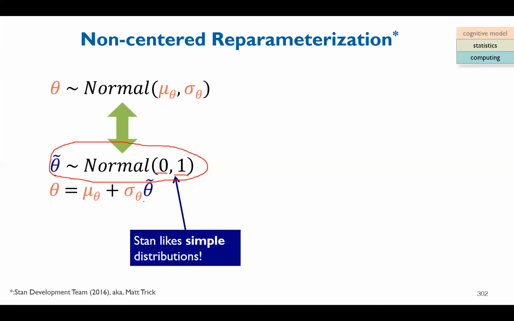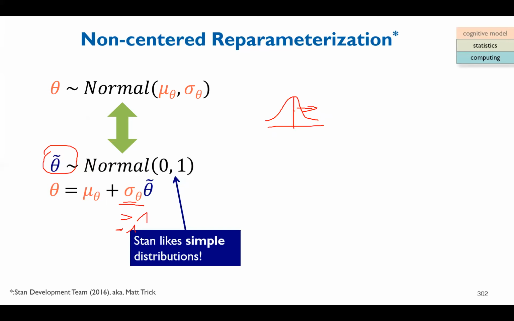No, not quite. So here, this blue one, the theta tilde, this is a unit normal, right? Unit normal like this. If this sigma is above 1, the shape will become wider. If the sigma is smaller than 1, this shape will become much narrower, okay? So the sigma parameter changes the width.